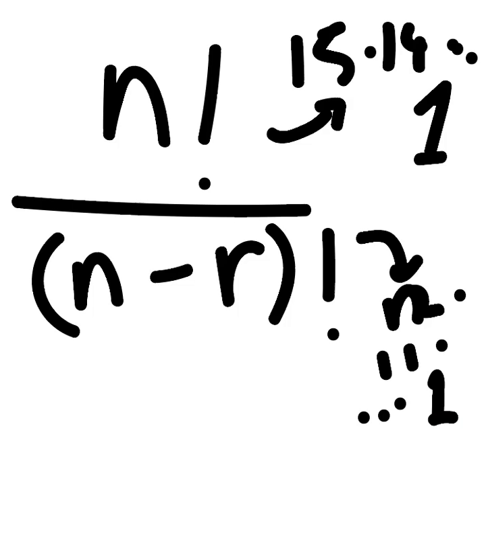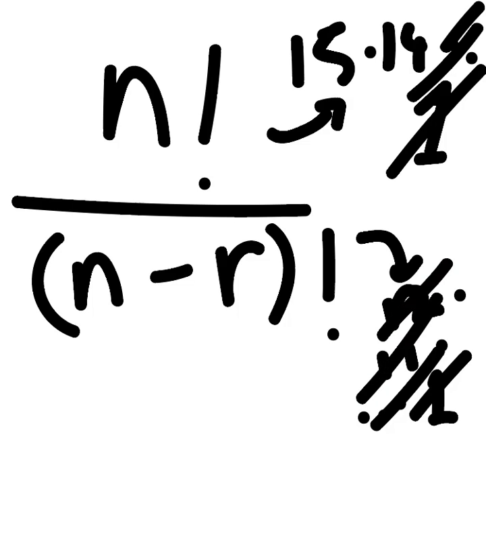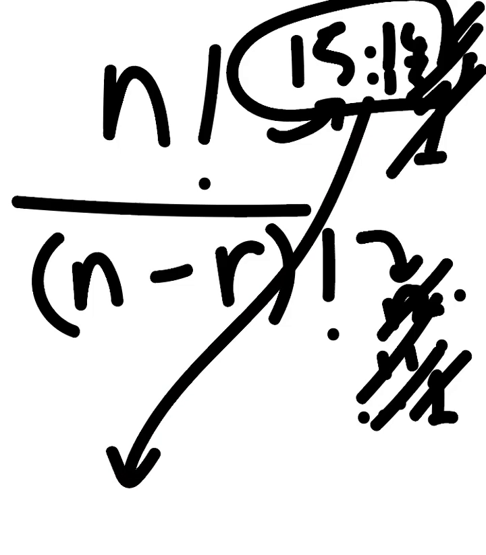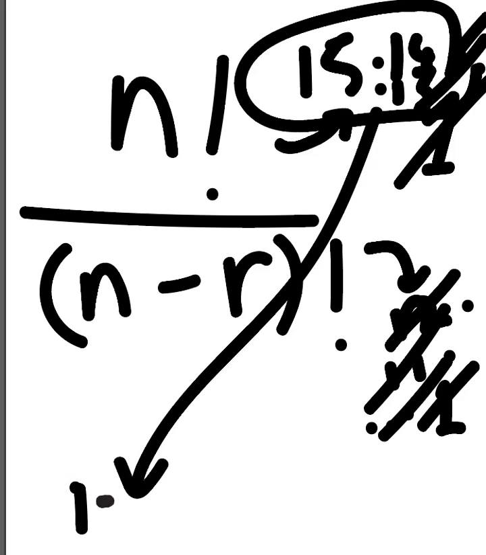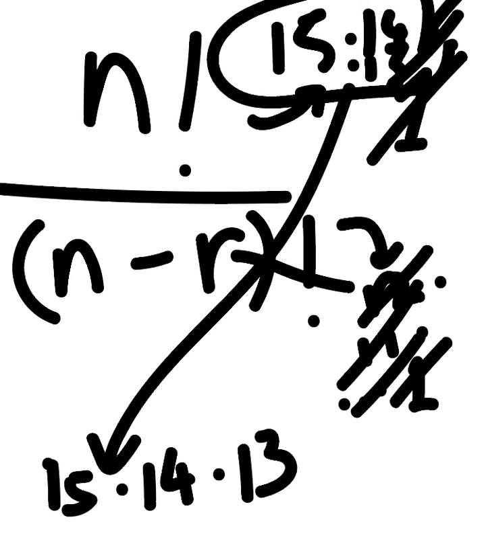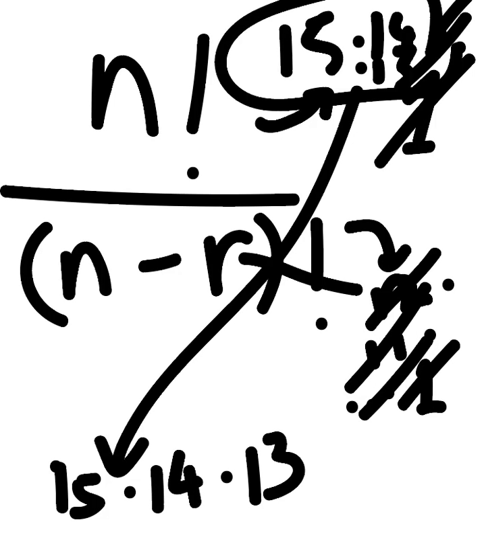And we see all the stuff here cancels with the stuff here, and all we're left with is 15 times 14 times 13, right? And 15 times 14 times 13, well, this is precisely what we wished to find in the first place.